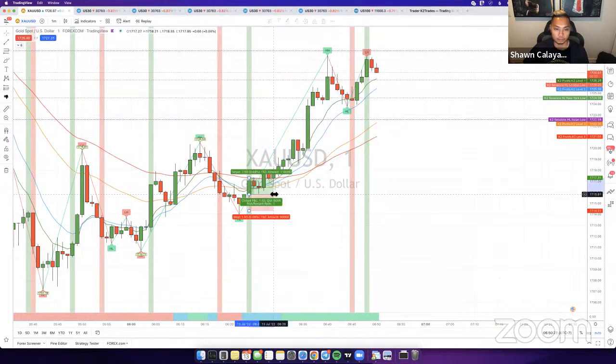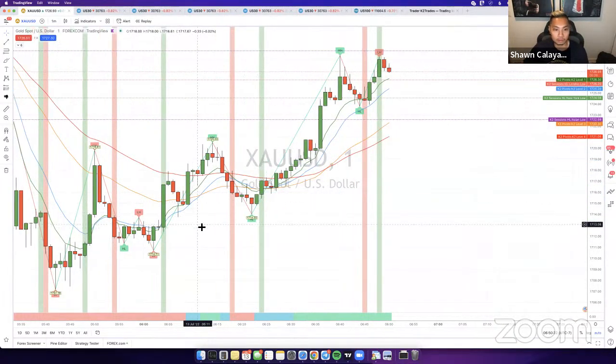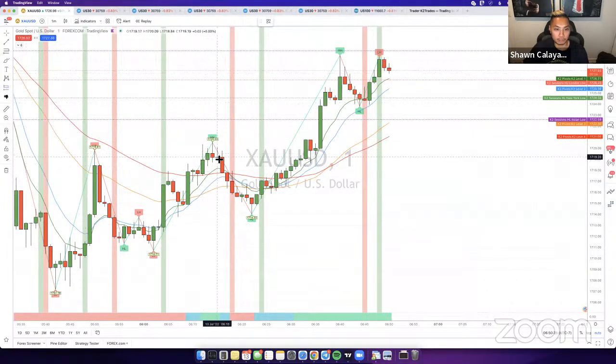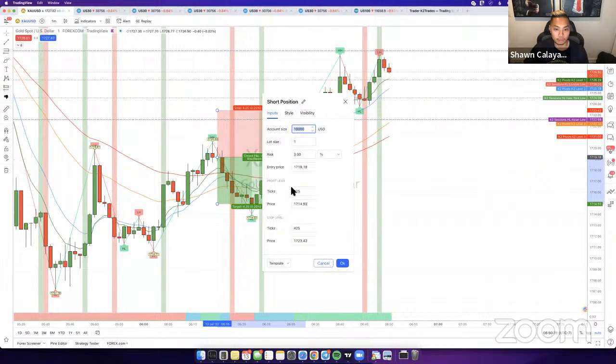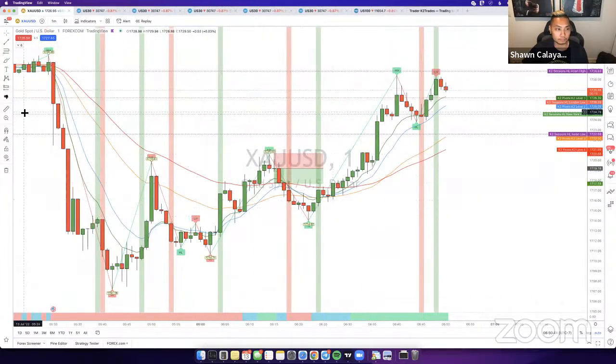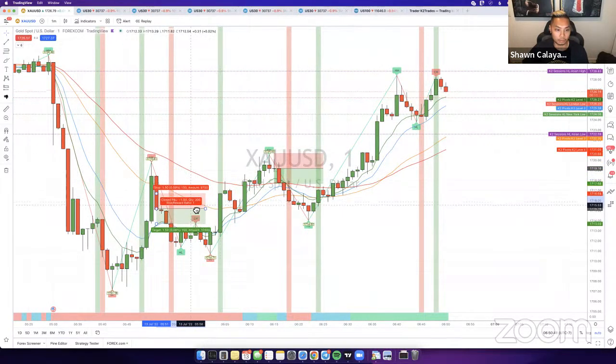Because if you're not, this right here would have hit. I mean, the obvious bias is for a sell. So pretty much I'd probably just be looking for sells here. And if I did that, it looks like none of them would lose. Full TP right there. Another V1 right here, full TP.